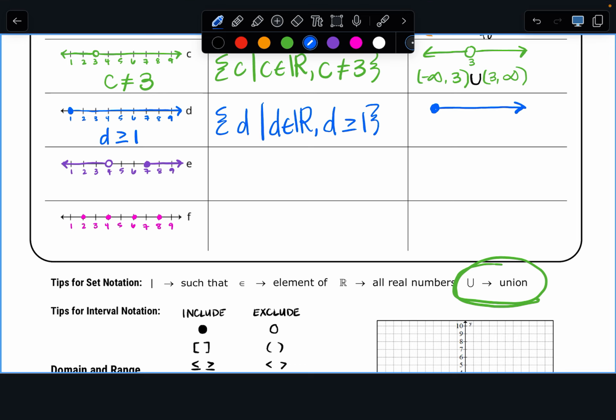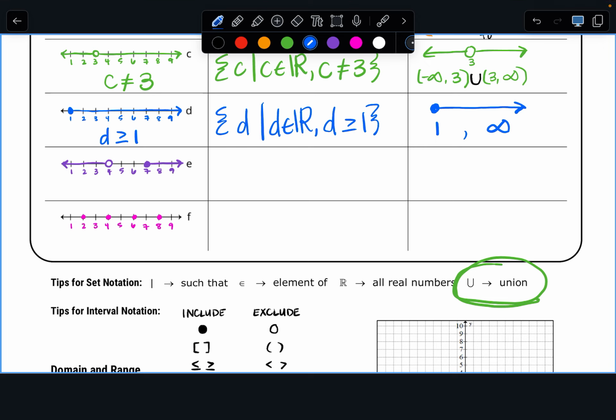Okay, looking at what I have, it kind of looks like this. Remember, when you write interval notation, it's like you're writing what you're seeing on the number line. So 1 is my starting value. I'm going all the way up to infinity, and in between we put a comma because it's kind of like we're saying the word "to." So 1 to infinity.